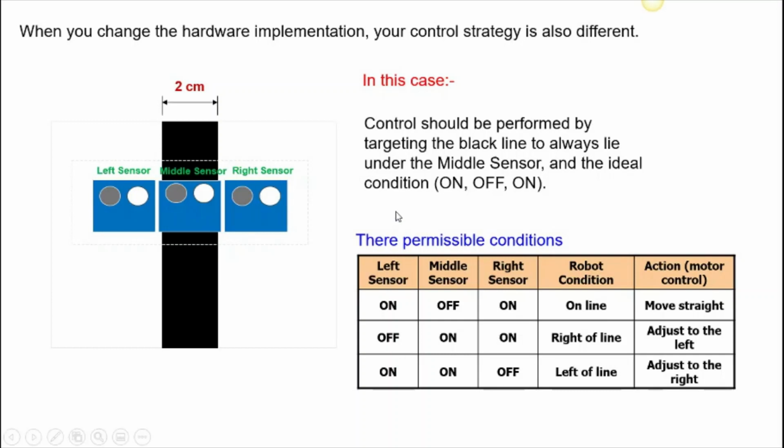Okay, so hopefully this navigation technique will give you some idea how to perform the navigation process for your mobile robot later on. For this topic, we only cover the line following robot.